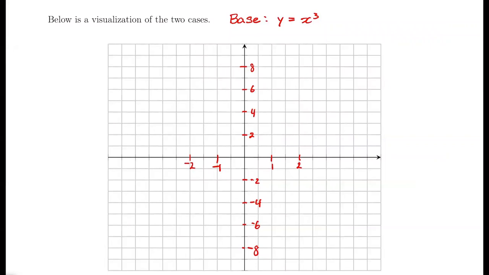All right, and then we have the points, and then we have the points down here. And then we just connect the dots together.